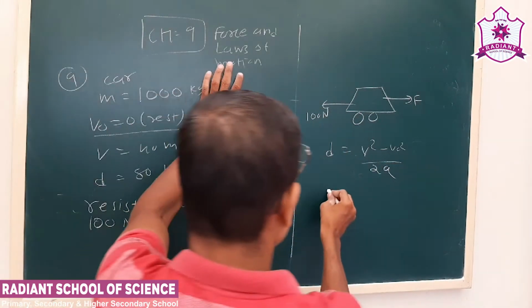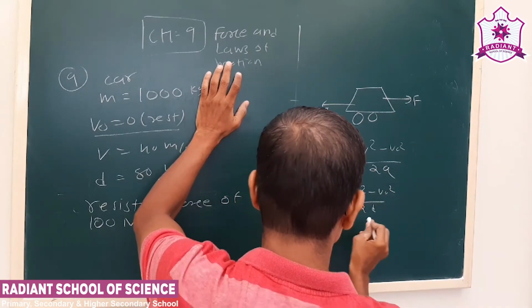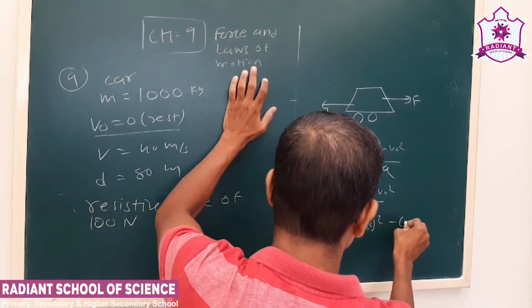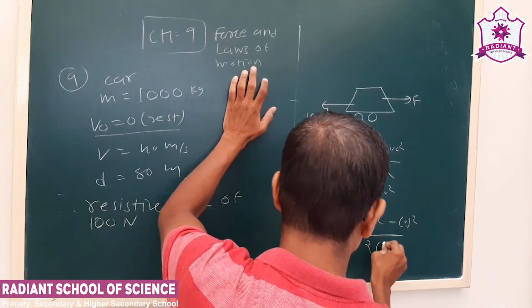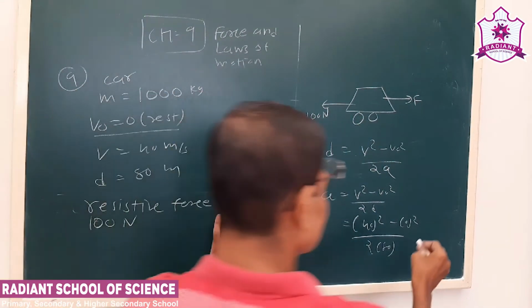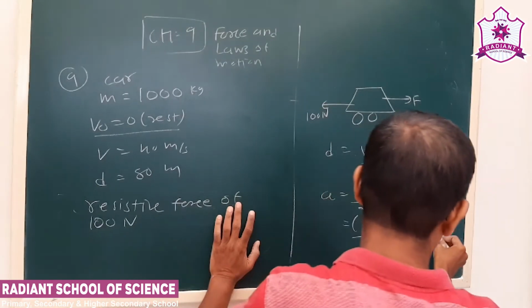I want A. V is given as 40. The distance given is 80. So it will be 1600 upon 160.